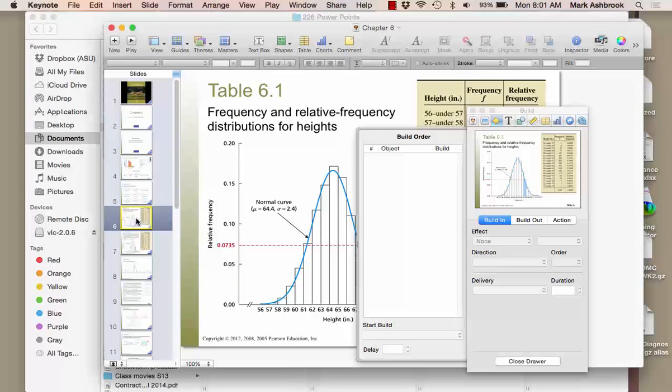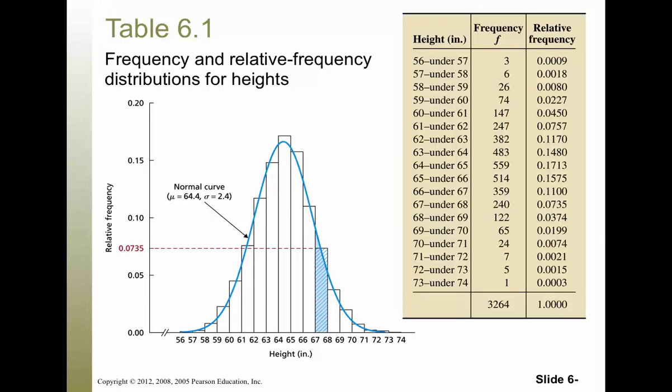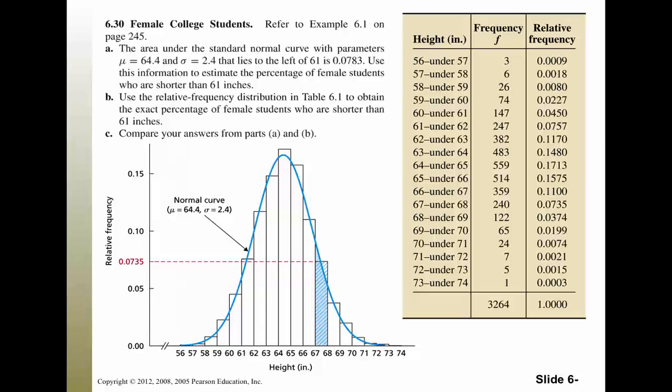So let's look at this. It says here, this was female college students. The area under the standard normal curve with population mean 64.4 and standard deviation 2.4 that lies to the left of 61 is 0.0783.